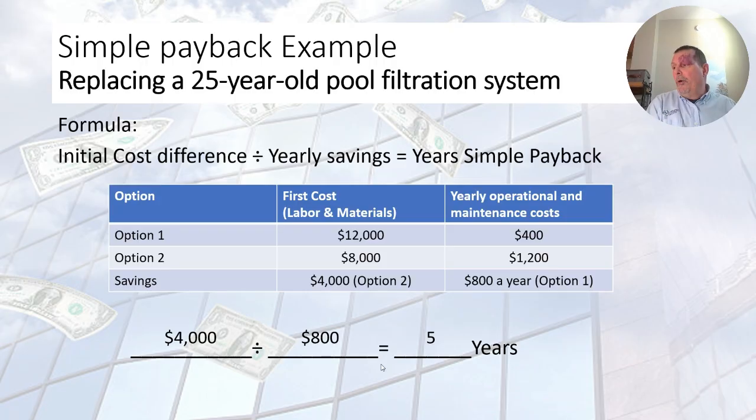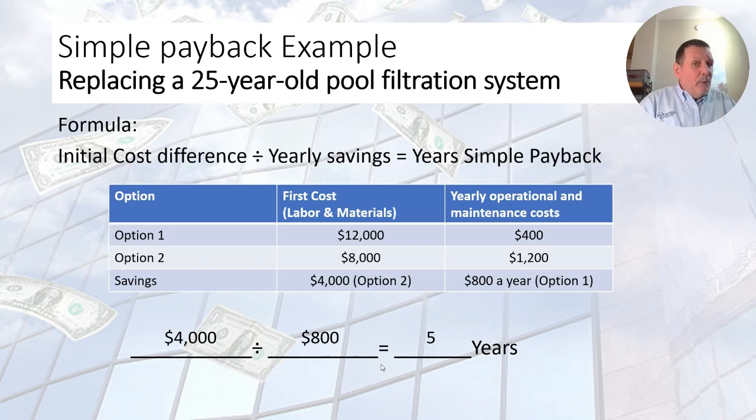All right. So that's important to know. So when it comes to lifetime operation and initial cost, option one is $12,000 less. All right, so that's what we look at.